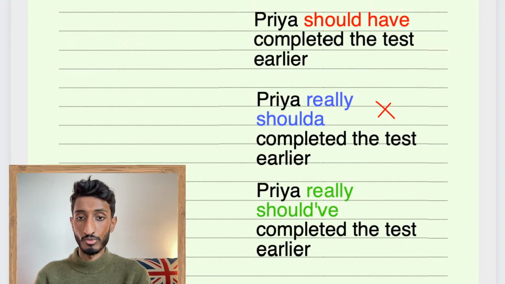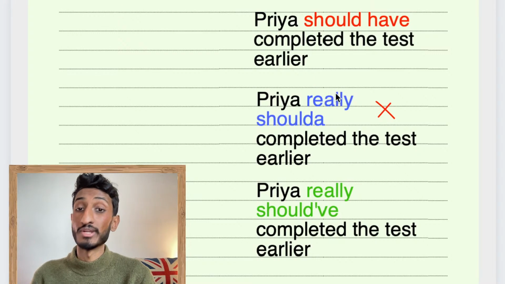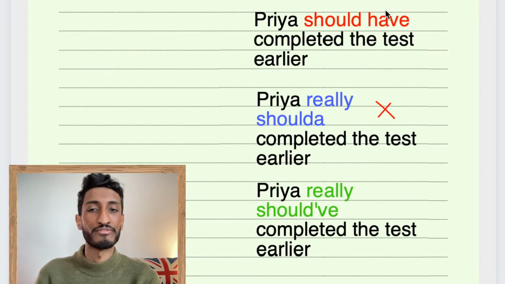Okay, I'm going to read through it one more time, and then I'm going to disappear, and you're going to spend 30 seconds practicing that. So let's do the green. Really should have. Really shoulda. Should have.